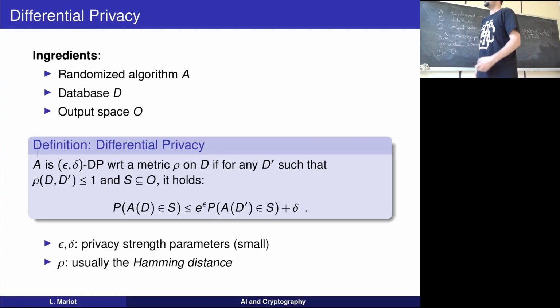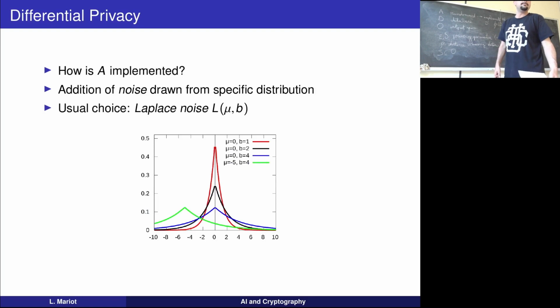Great. Now we have this very nice definition, but how do we implement the randomized algorithm in such a way that it satisfies this particular definition of differential privacy?